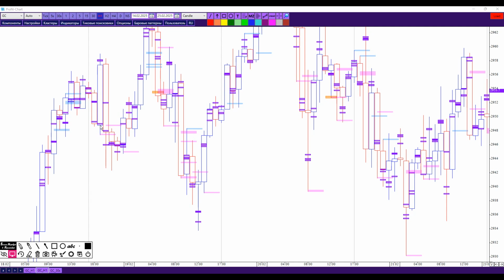Or here, for example, a long candle, of which two volumes prevented the movement up. One volume, however, remained in the body of the candle. The price was adjusted. Or here it is immediately clear that for four candles the maximum volumes were located here. Obviously, the price was not going to go down, it wanted to go up.